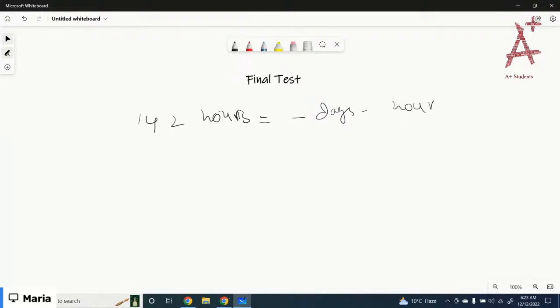So in a day we have 24 hours. Just divide this number by 24, because in a day we have 24 hours.